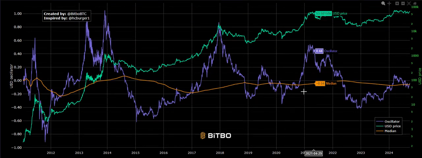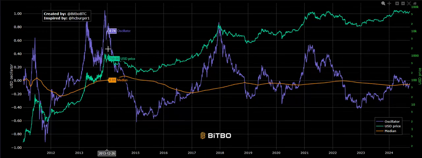So one thing you'll notice when we're first looking at this chart, we're going to have diminishing market cycles. Each time our oscillator in purple here, it's going to be getting lower and lower for the cycle tops. So the first cycle top that we have here was back in 2013-14. We actually did get up to that 1.00. So that was our high there. Then after that, we went into the bear market, same concept.